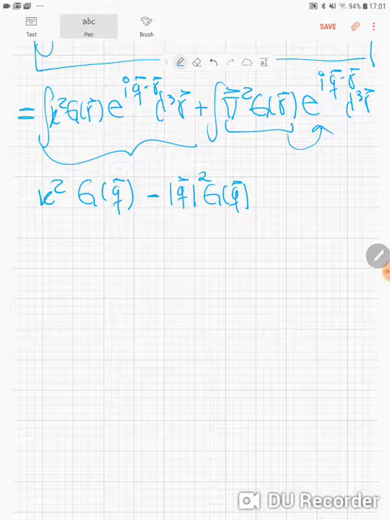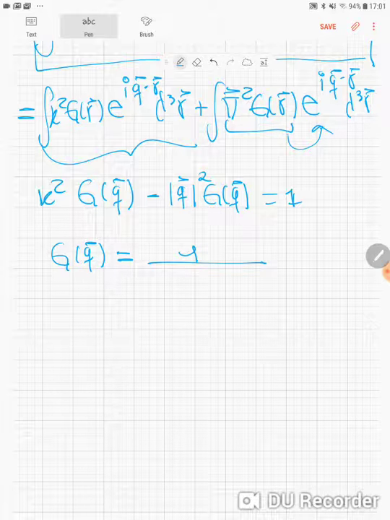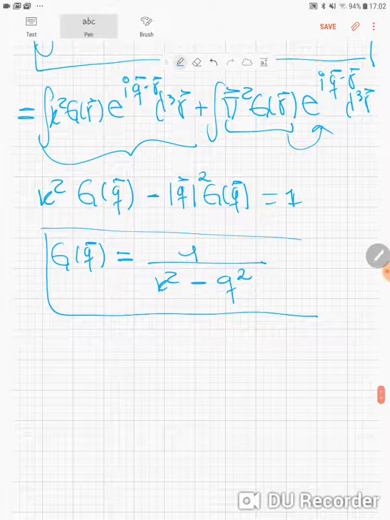Okay, and that's what you're going to end up with. This will be equal to 1, so that means that G of q, the Green's function in the reciprocal domain, is going to be equal to 1 divided by k square minus q square. Okay, this is what the Green's function is going to look like in the reciprocal domain.